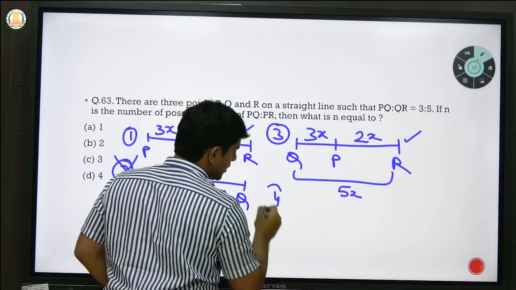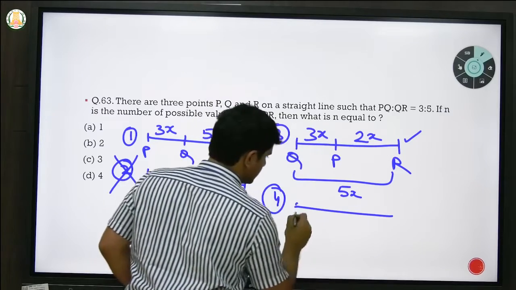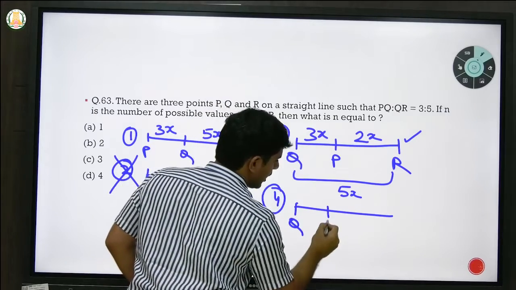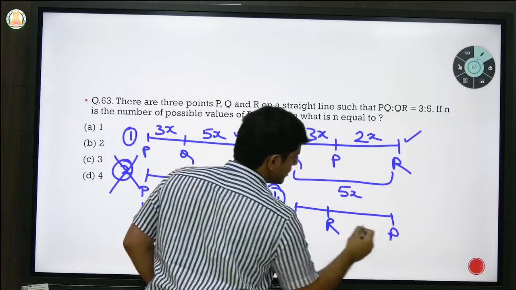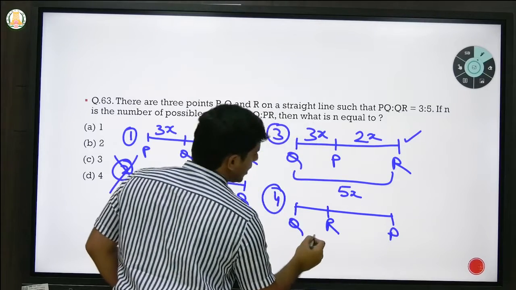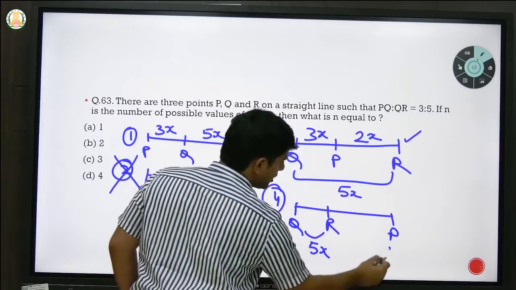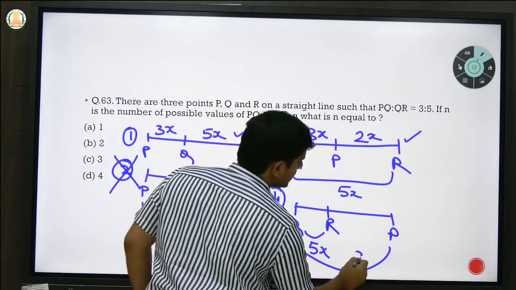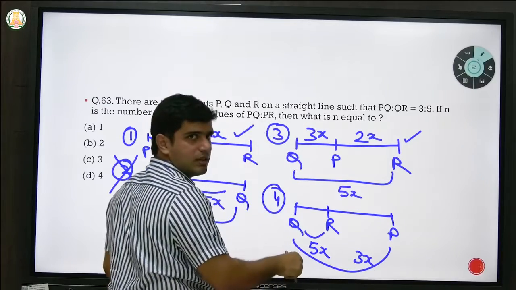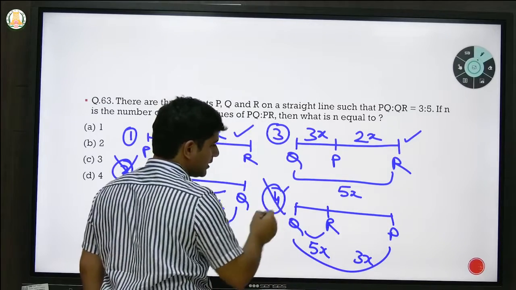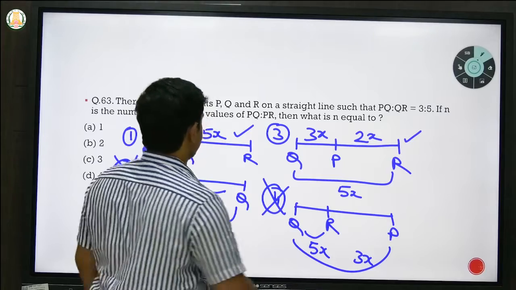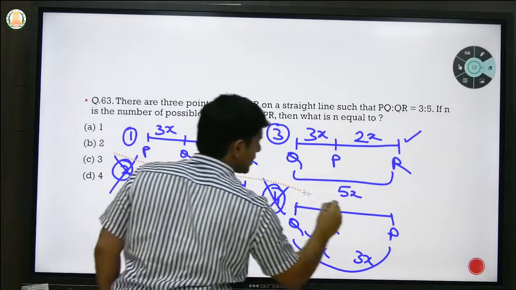If you go for the fourth one, Q is here, R is here and P is here. Then you know that QR is 5x, and PQ, this entire thing, is 3x, which again is a non-possibility because the length is smaller. Now we'll go for the other possible cases.